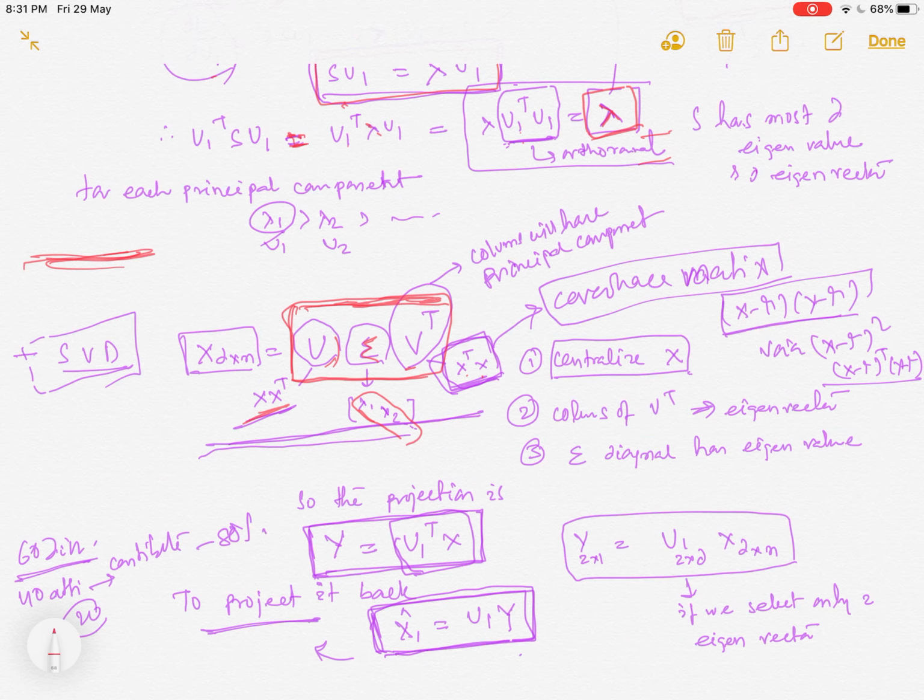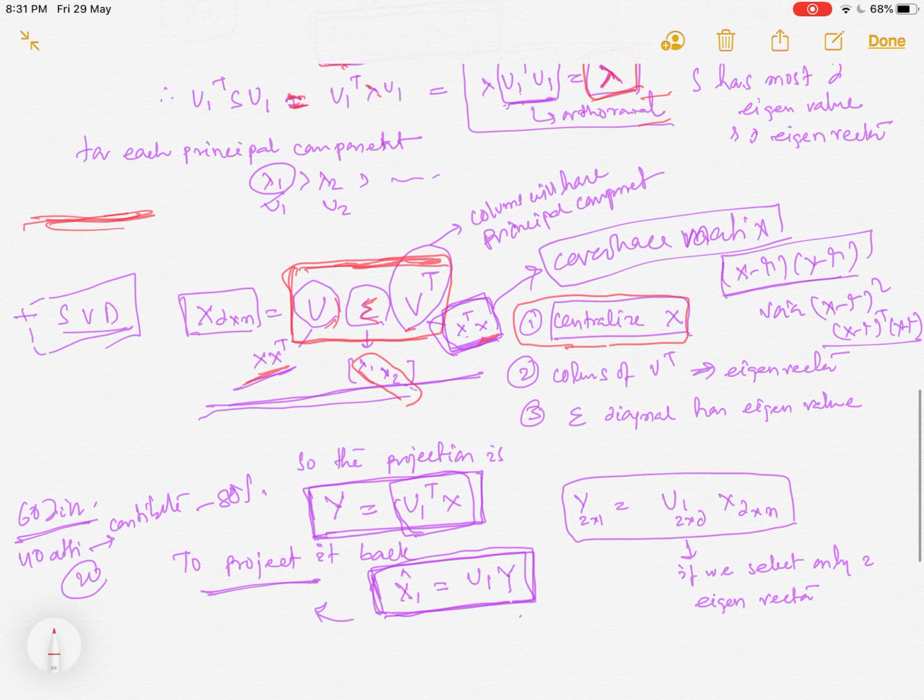x transpose x can be a covariance matrix, because we earlier saw that a covariance matrix can be written as x transpose x. The only thing is that we need to subtract the mean, then it will be a covariance matrix. So we need to centralize x and then perform the SVD, and in one click it will give us U, sigma and Vt.